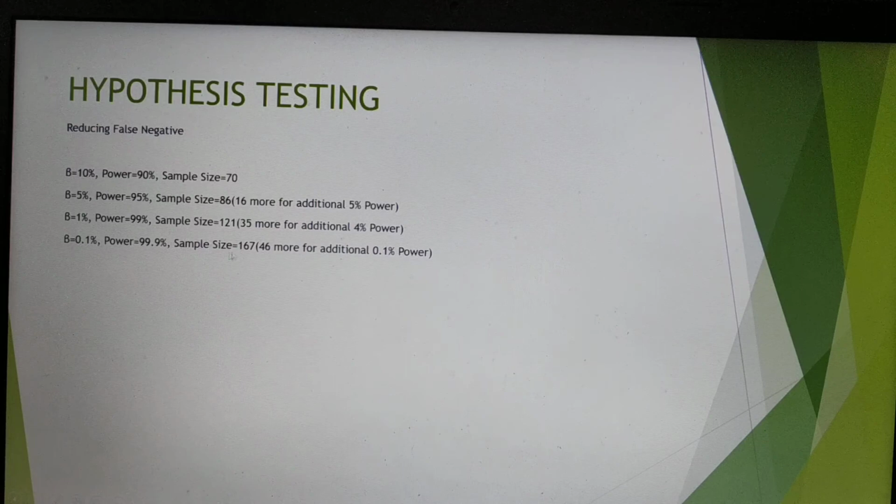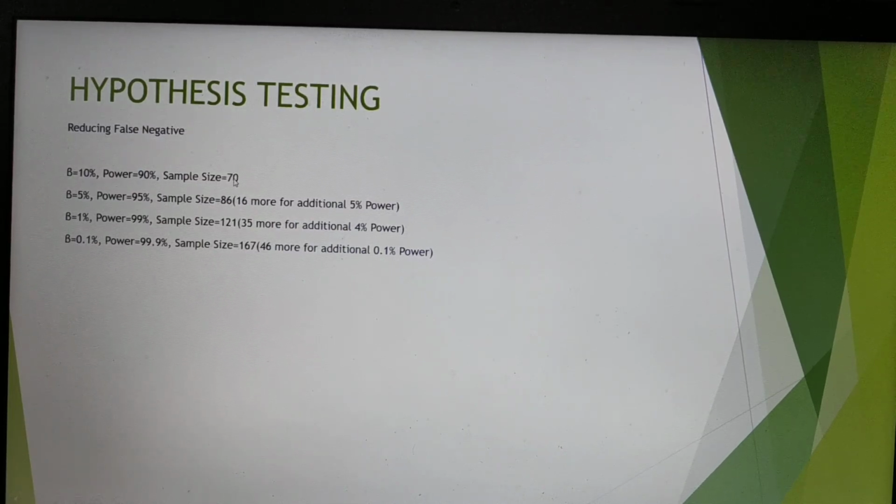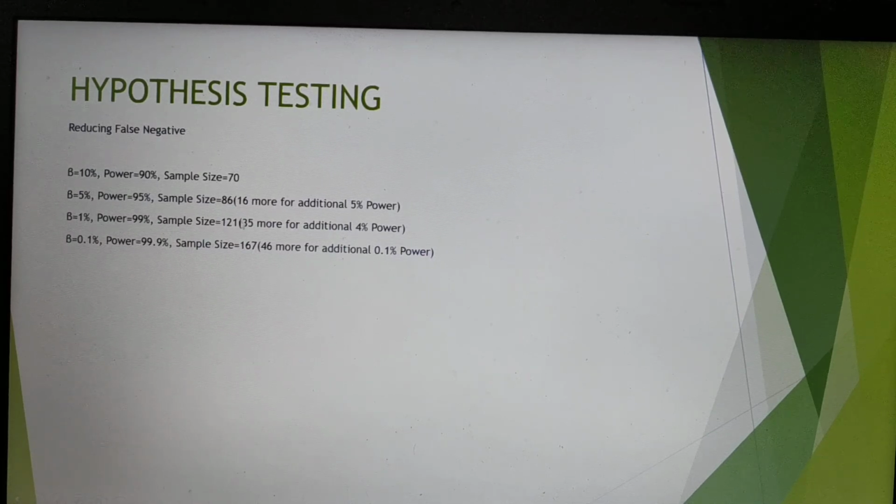So then we have to decide, because from sample size 70 to sample size 167, it is a great difference. It is 97. The difference between 70 and 167 is 97, which will cause some increase in time and money.